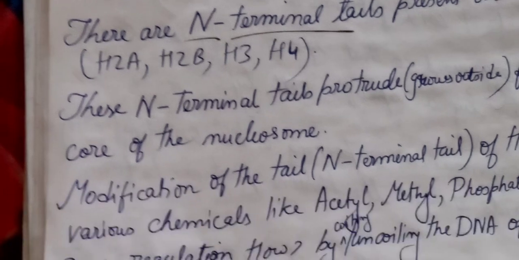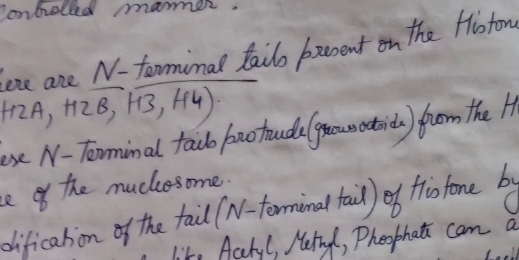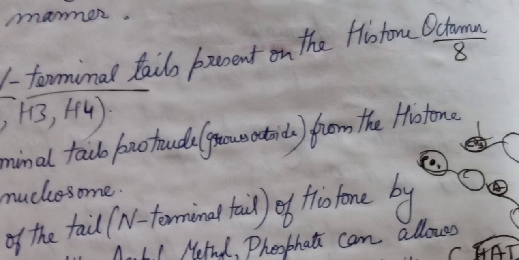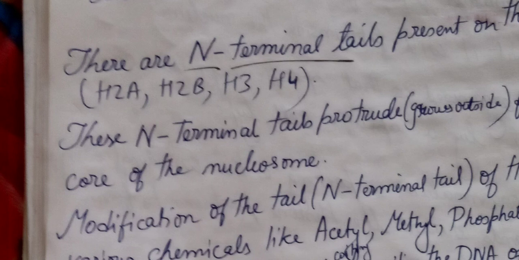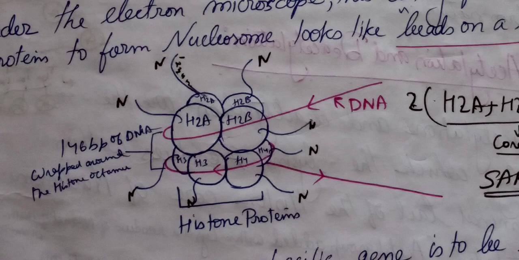This N terminal tail is protruding out, means it is found outside from the histone core of the nucleosome. As I have said, look at this figure. It has been shown that these histone tails are found outside the histone octamer.